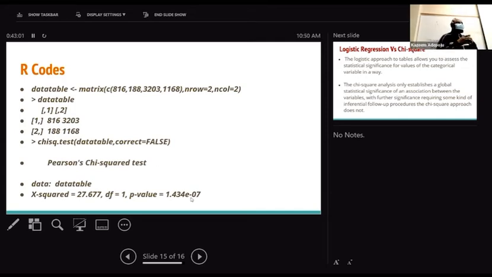What is the p-value telling us? Of course, what are you testing? You have the null hypothesis, right? You have the alternative. The null hypothesis is telling you there is no association between the two variables. No association between the two variables means that whether the parents smoke or not does not determine whether their children will smoke.